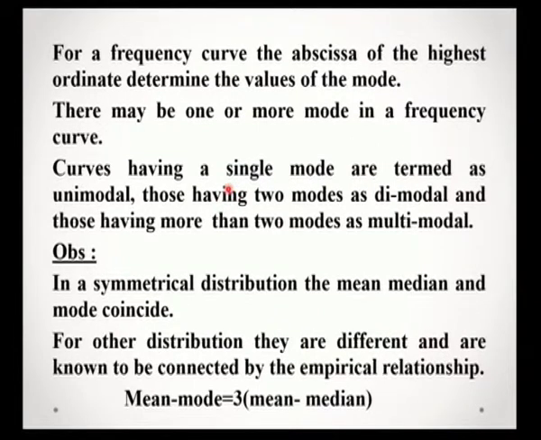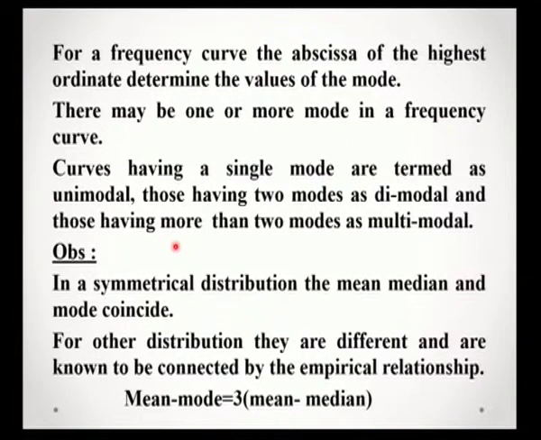Those modes are named as single mode, bimodal and multimodal, where curves having a single mode are termed unimodal, those having two modes are bimodal, and those having more than two modes are multimodal. This is how mode in a frequency curve can be classified.